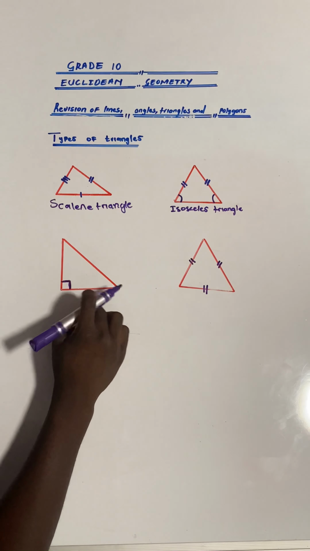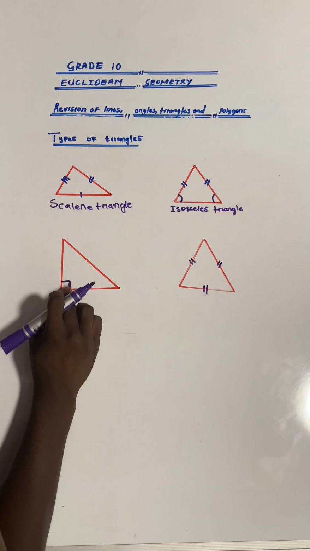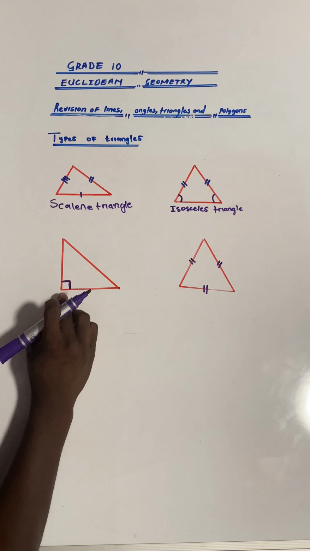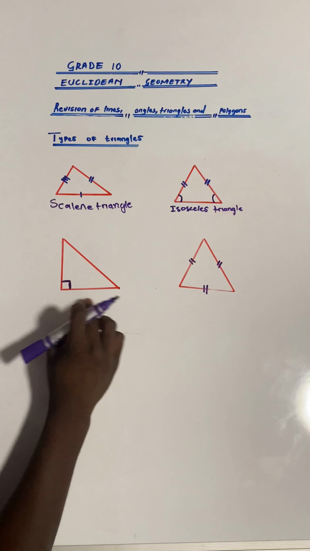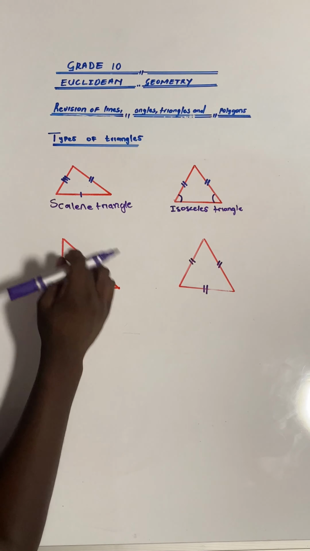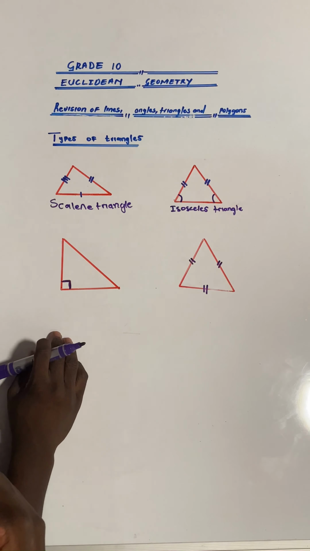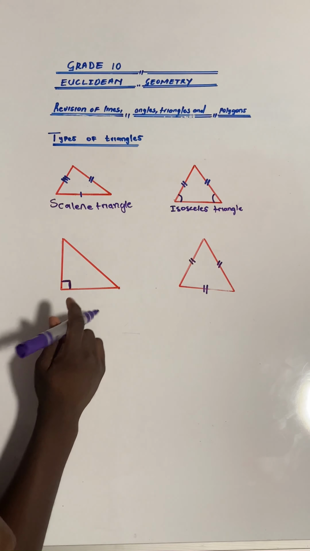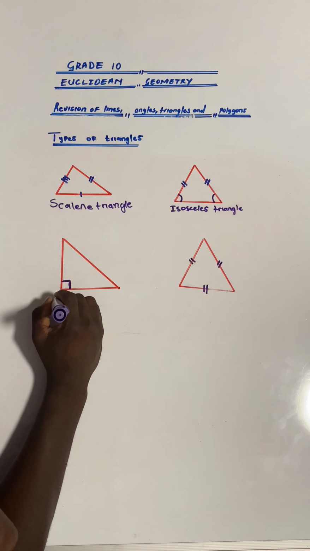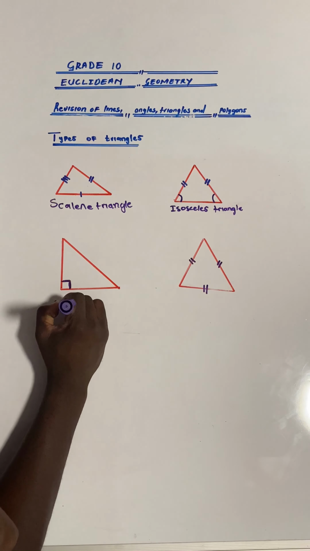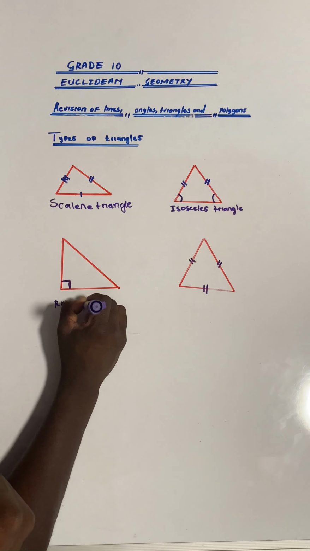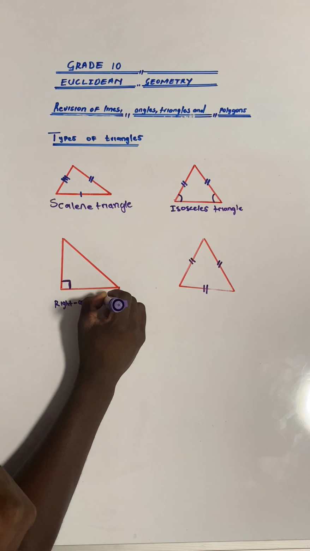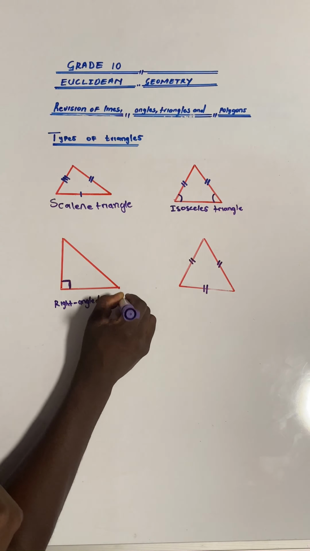Now let me quickly go into this type of triangle where we have this square here, which is called a 90-degree angle, right? So what is that triangle called? That triangle is called a right-angled triangle, right?